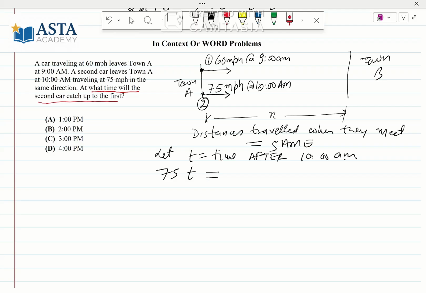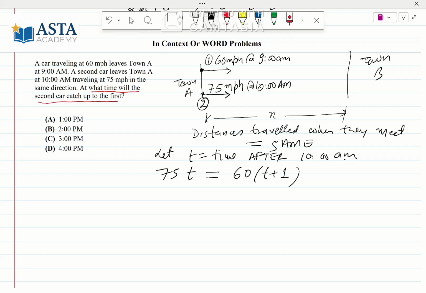This distance has to be equal to the distance traveled by the first car, which is what? Its speed is 60, and how much time will it take? It will take t hours after 10, but it started at 9, so it will take t plus 1 hours. This is the crux, the critical point in this problem, to realize that the first car will take t plus 1 hours.